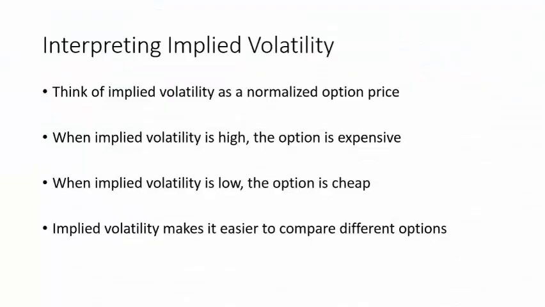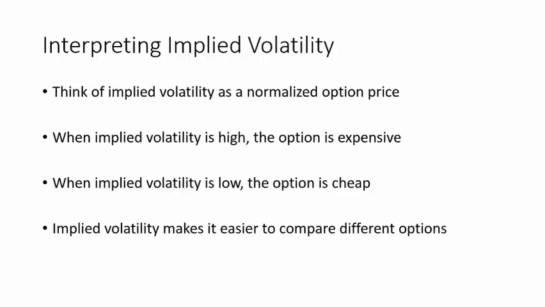So far we've seen how implied volatility works and how we can calculate it in Excel. And now I'd like to spend some time talking about how to actually interpret implied volatility. I think the best way to do this is to think of implied volatility as a normalized option price.